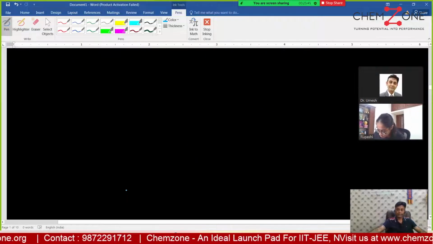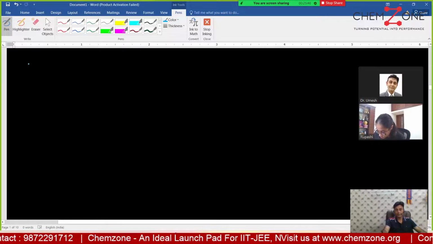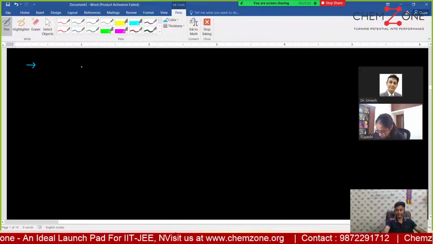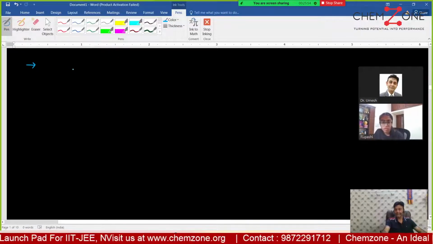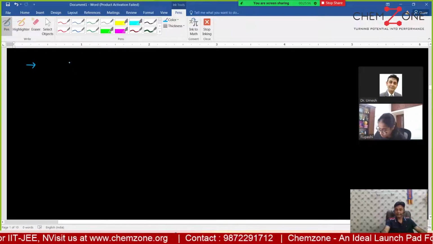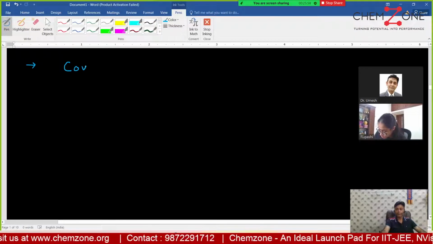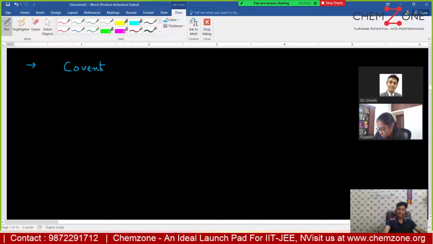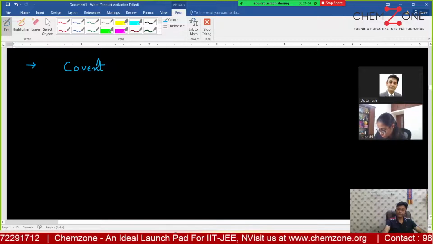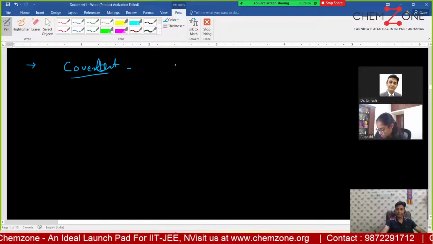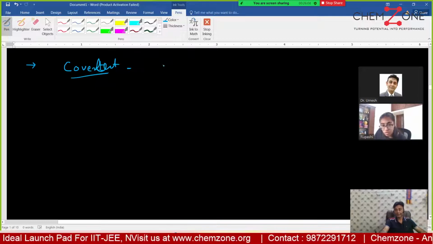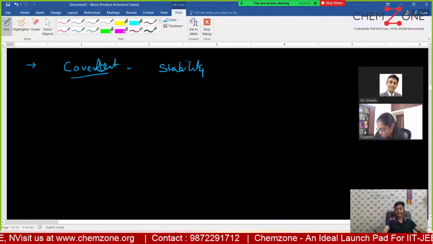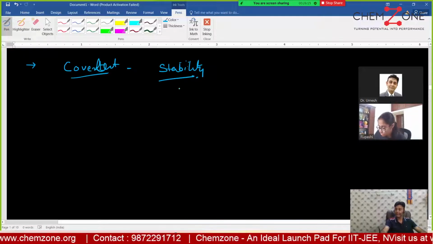Now, another property. This theory does not explain how, when we make a covalent compound, energy is decreased and stability is achieved. During covalent bond formation, how stability is achieved and how energy is decreased, that is not explained.